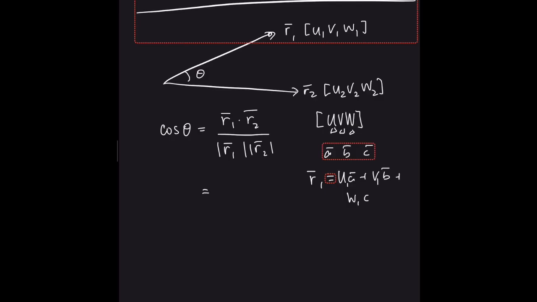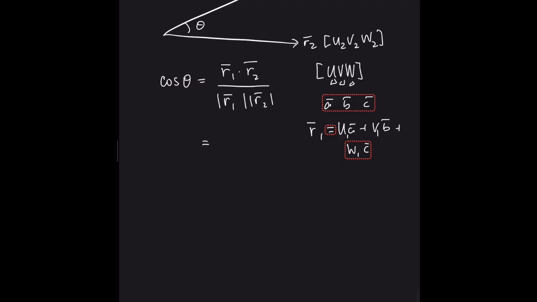So you can't ignore the A, B, and C inside your dot product. So what you will have is cosine theta equals U1 U2 A squared plus V1 V2 B squared plus W1 W2 C squared.